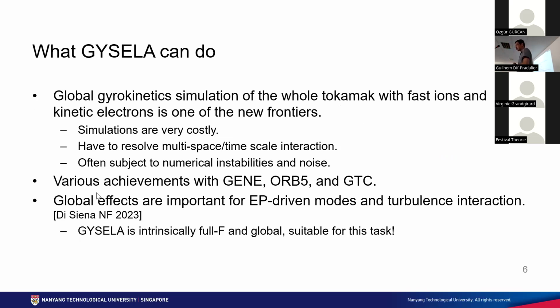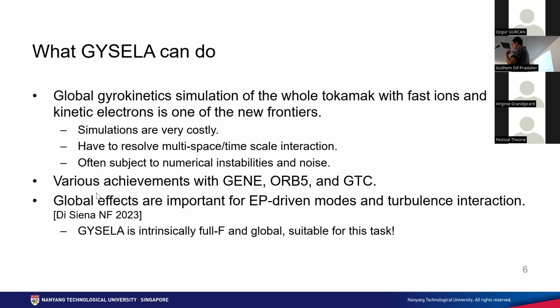So what Gisela can do: global gyrokinetic simulations of the whole tokamak with phasons. Everything is very expensive and problematic, because the simulation is usually very costly. You're looking at something around 10 to 20 to 30 million CPU hours per simulation. So it's very, very costly. It also has to resolve multiple space-time scale interactions, so if you're not careful, you'll be computing something that's not meaningful.